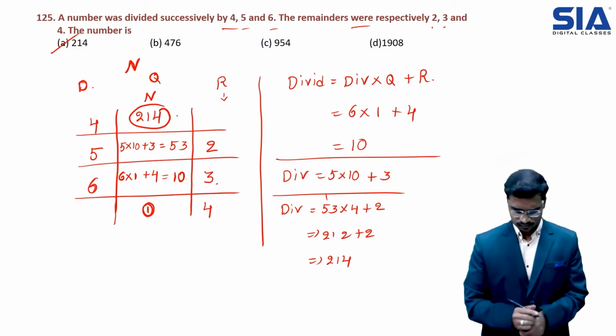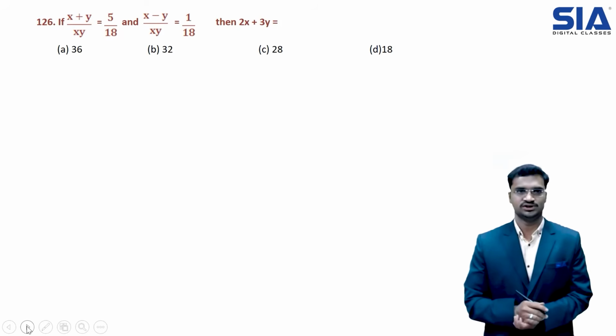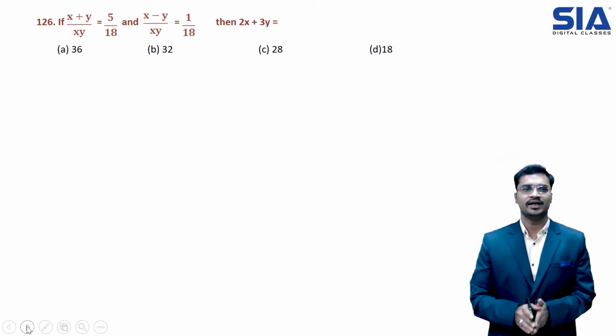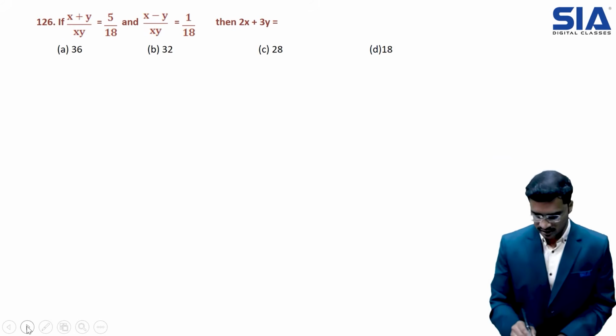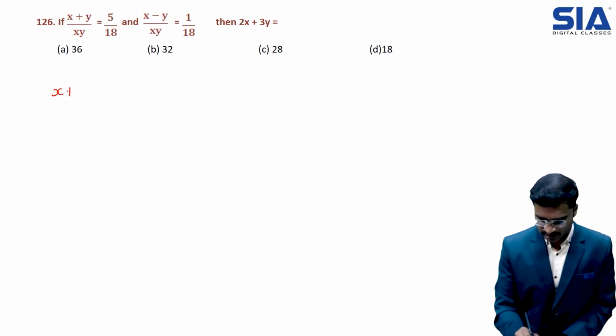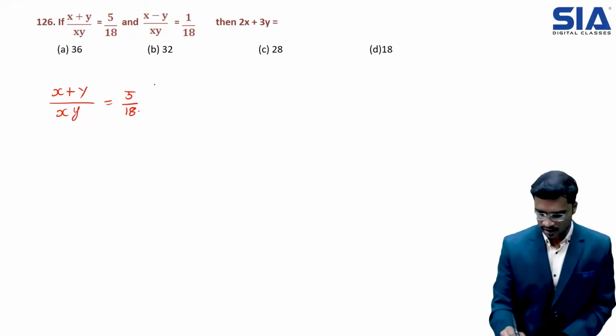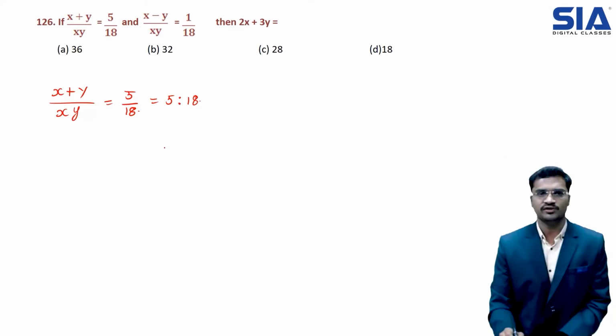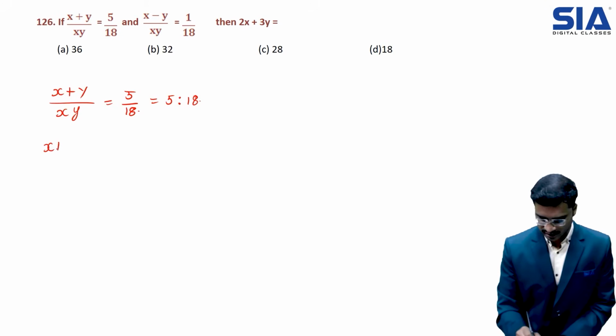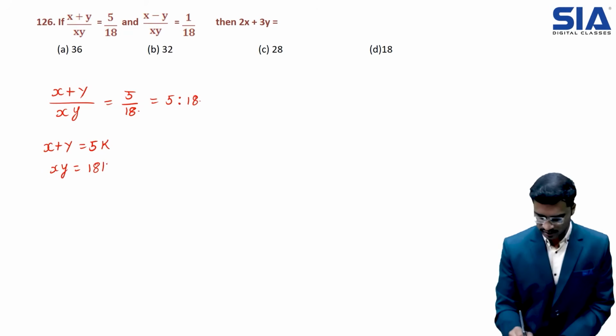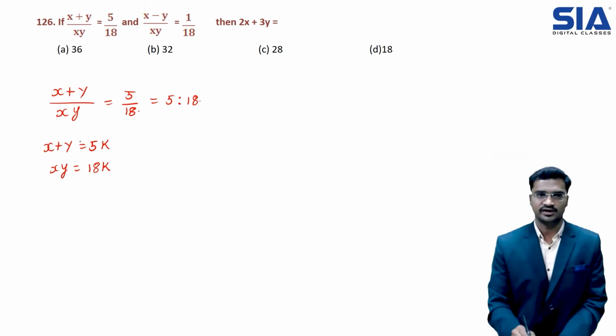Okay. Now coming to the next question: if (x plus y) by xy is equal to 5 by 18, given that (x plus y) divided by xy is equal to 5 by 18, I can say this is 5 ratio 18. So x plus y is equal to 5k and xy is equal to 18k.